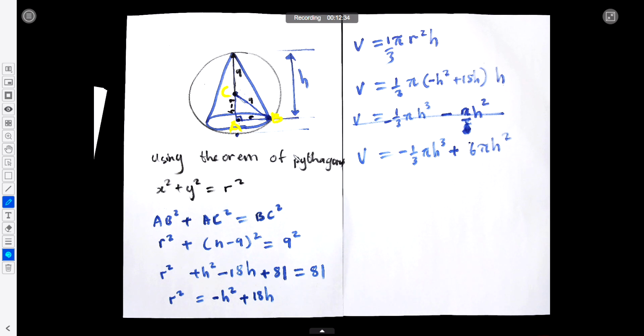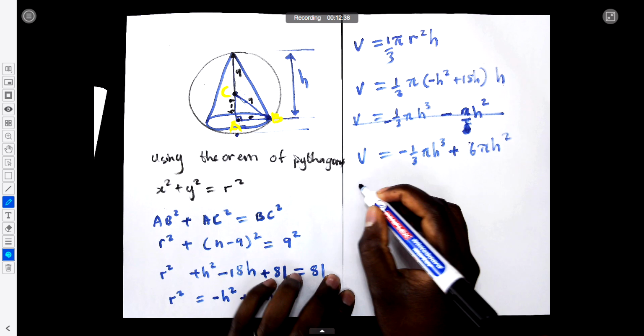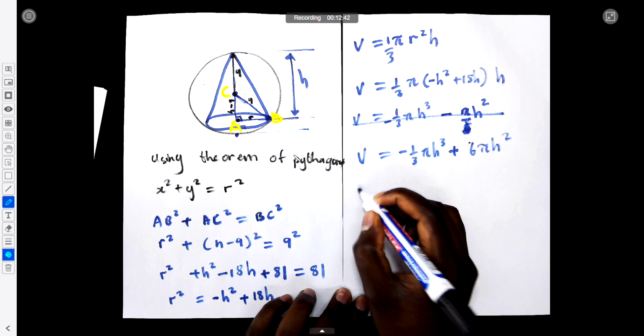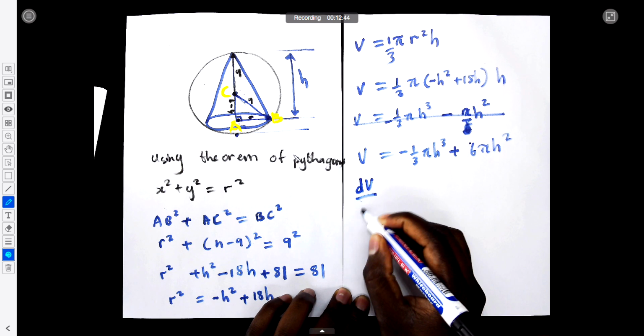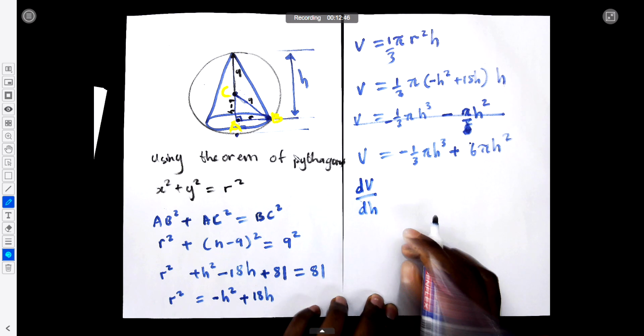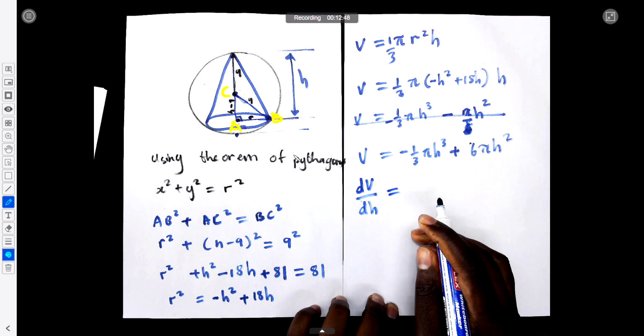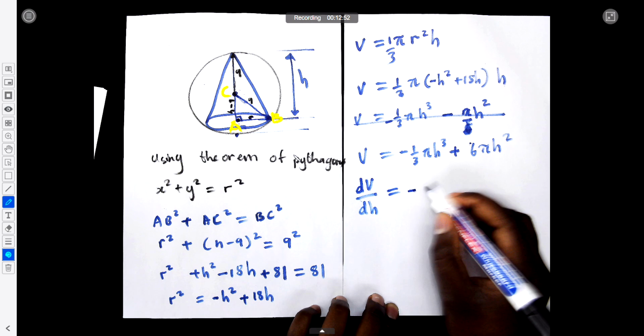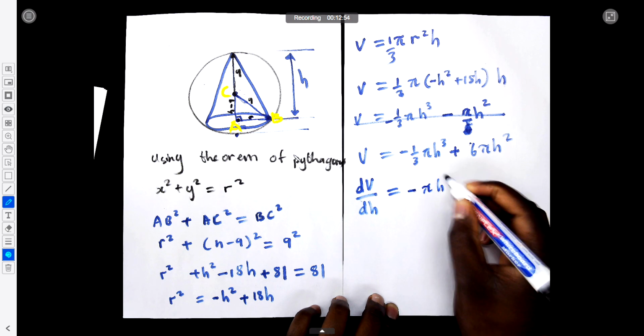Therefore, for a maximum height, first of all, we're going to change the volume in terms of height. So we're going to say dV over dh is going to be equal to, 3 times 1 over 3, we know, is going to be negative pi h squared.